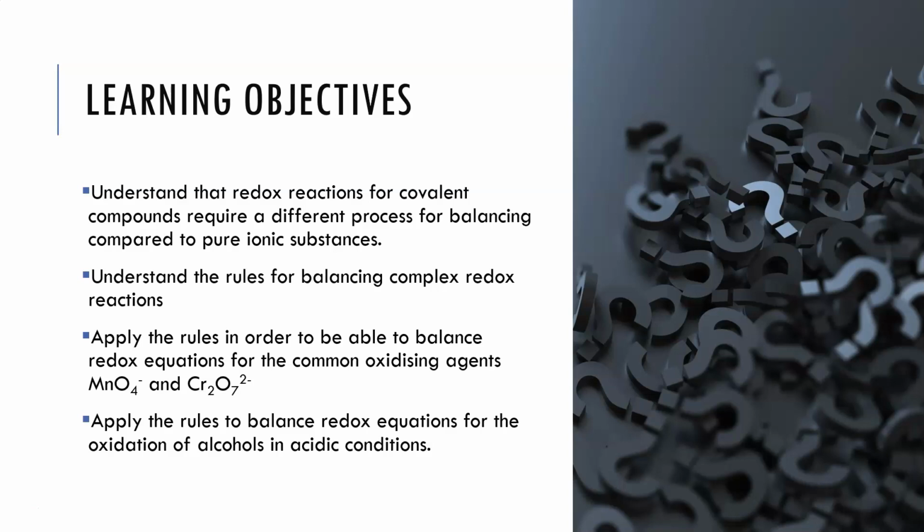These are ones that you need to memorize the formula for, so make sure as we go through this that you make a note of these formulas. These are anions that you should be familiar with. Apply the rules to balance those redox equations for the oxidation of alcohols in acidic conditions. And in VCAR, we're only interested in balancing under acidic conditions.